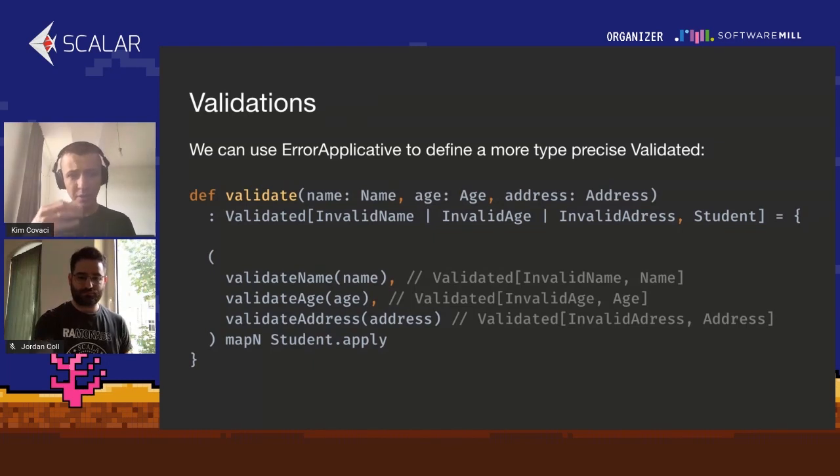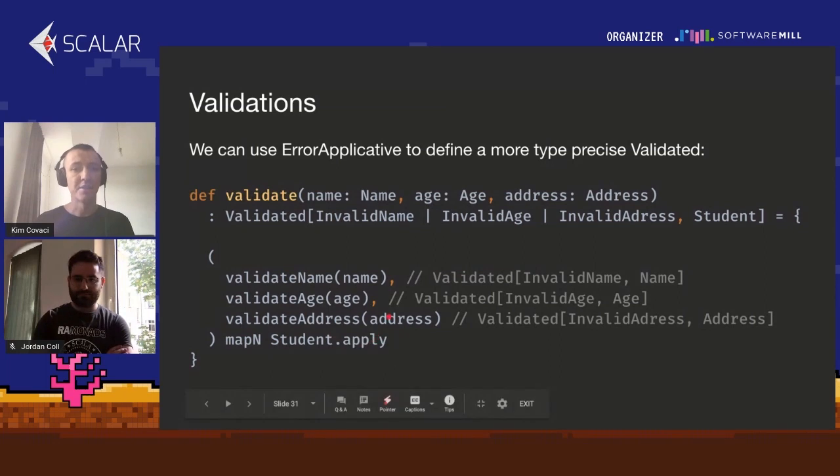We can provide an instance of error applicative for our Validated data type, and it will provide us better validation errors. In the example here, we are validating a student entity that has 3 fields, and we have individual validations for the fields that all return different validation errors. If we combine them using error applicative, we will get this precise, nice error on the left.